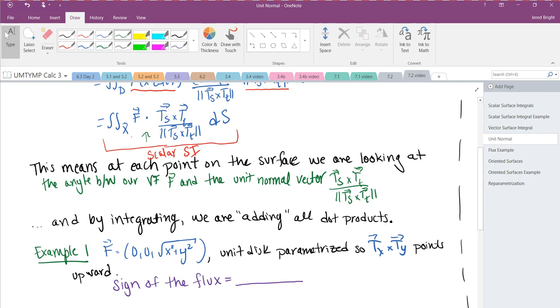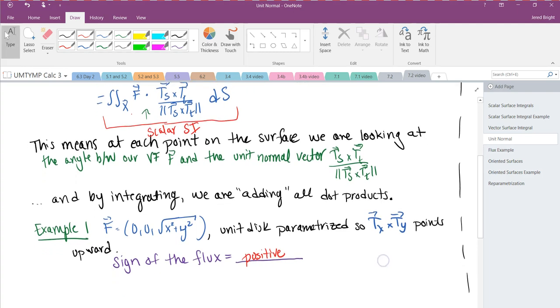And then thinking about our flux, at least geometrically, as the angle between our vector field and the unit normal vector at each point on the surface. Thinking about all those angles and the dot product, those should result in all positive values. So when we add them all up, the flux should be positive. Okay, so maybe spend some more time with that one.